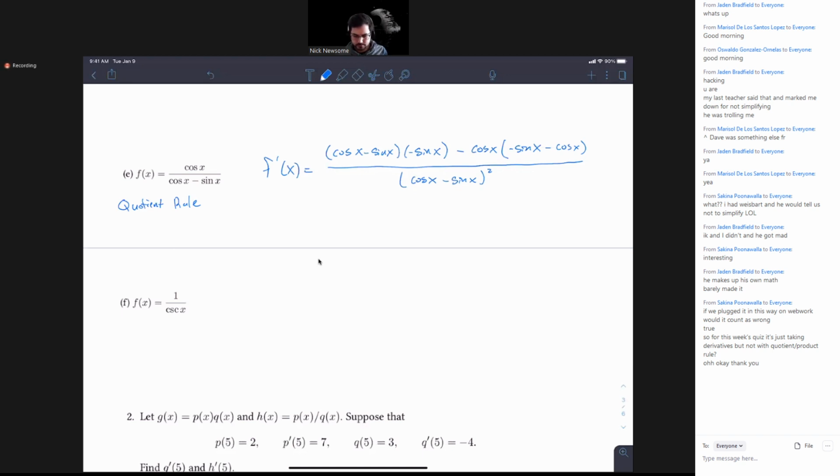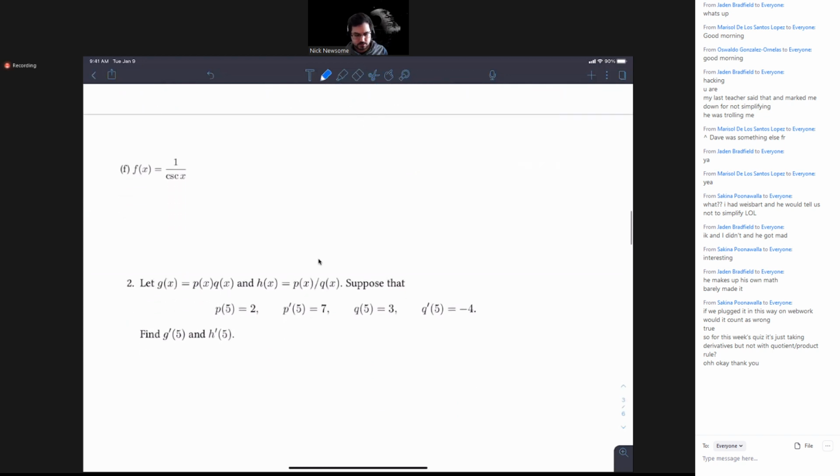All right. Last one. This one, we can be a little bit smarter about how we make the function. All right, so 1 over cosecant x. We just remember what cosecant is. Cosecant is 1 over sine.